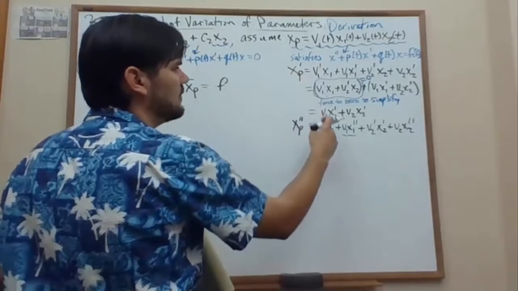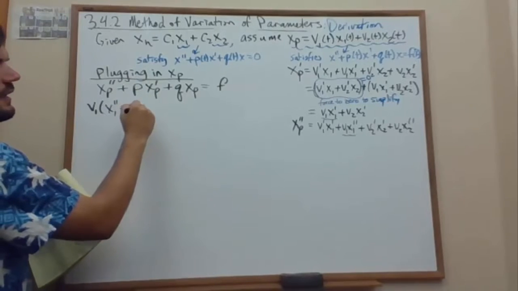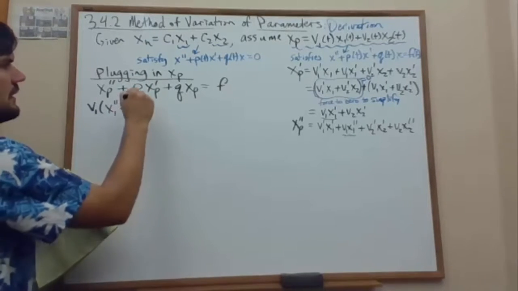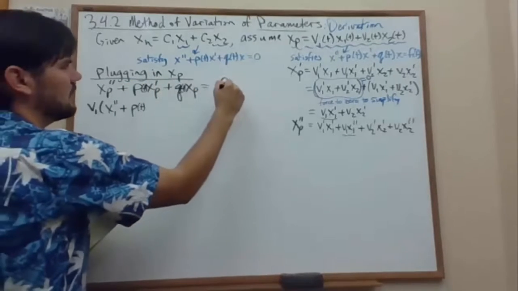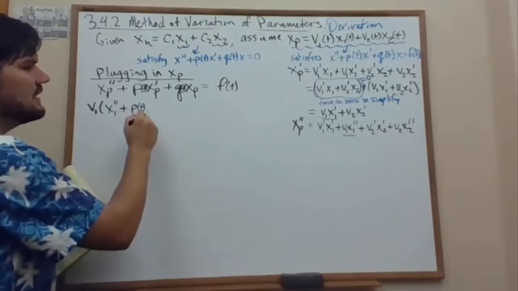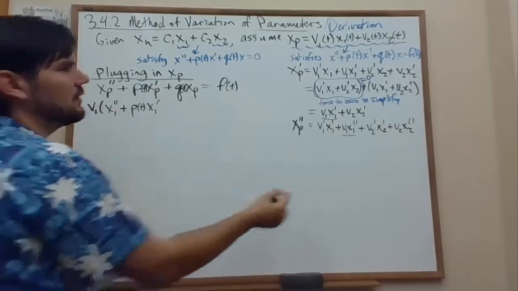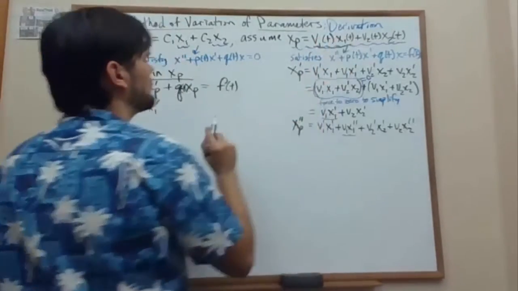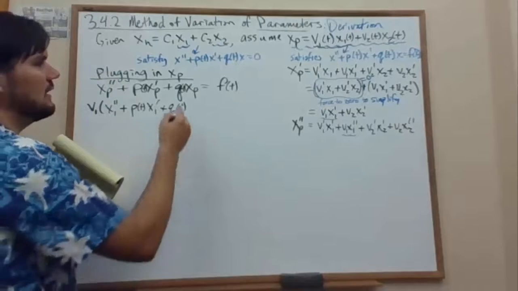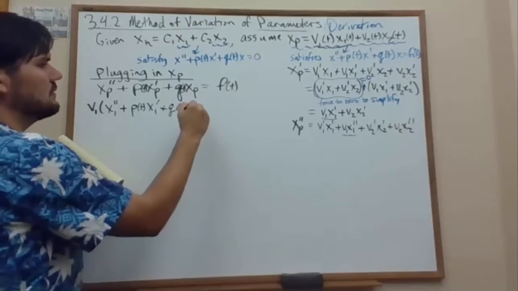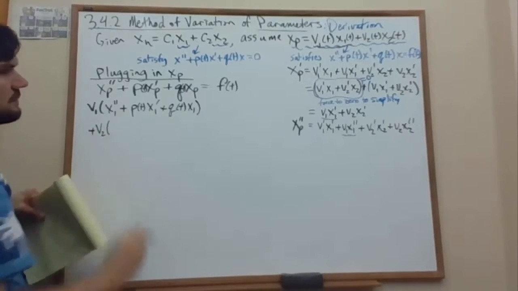And if I go up to x_p prime, there I have a plus p of t times v1 x1 prime, and then going up to the top, I have a v1 x1, so plus q of t times, from the x_p term, a v1 times x1. I'll put the functions of t back, since it's helpful having them there. And then I add the v2 terms.